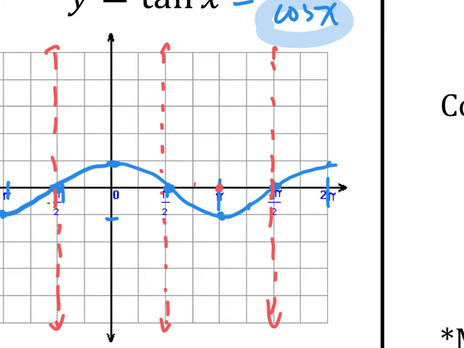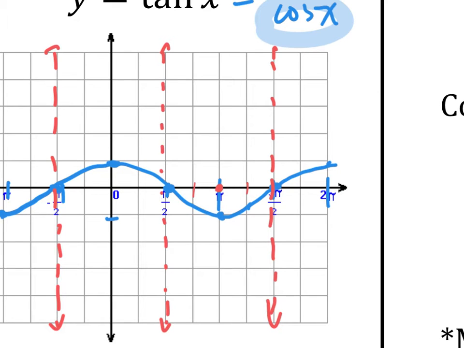I'm going to make 2 more marks like that. And this time, we're going to go up to the amplitude. The amplitude in this case was 1. So on the right-hand side, this mark goes up to the highest amplitude, and here it goes down to the lowest amplitude.